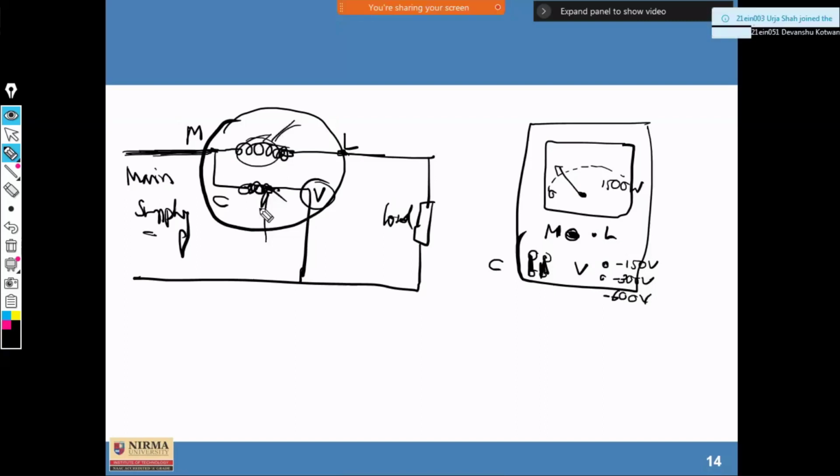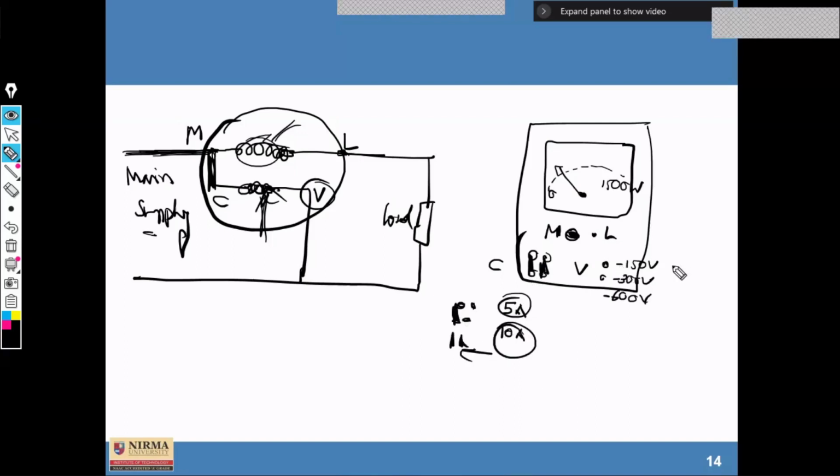So this is a current coil, this is a pressure coil, and we need to short it externally because it is not connected internally. Here there may be 2 different current ranges, 10 ampere or 5 ampere. If you connect the terminals in series, it would be 5 ampere. If it is connected in parallel, that would be the 10 ampere range.